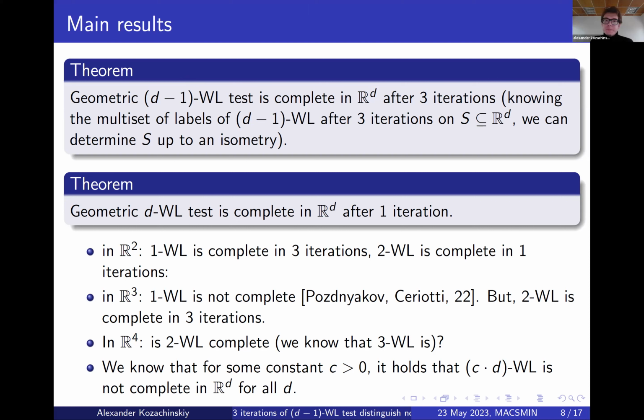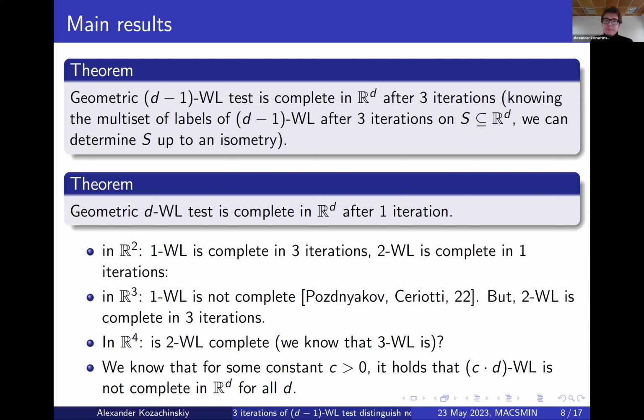If you have a multiset S and then you do 3 iterations of this (d-1)-dimensional WL test, and you get the multiset of labels after these 3 iterations, then just from this multiset of labels, you can determine your S. You can kind of reconstruct your S up to an isometry.